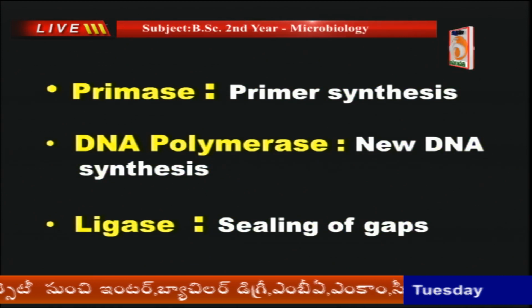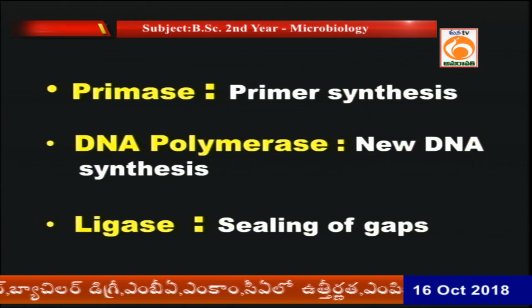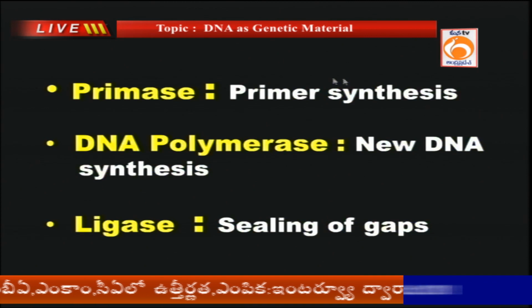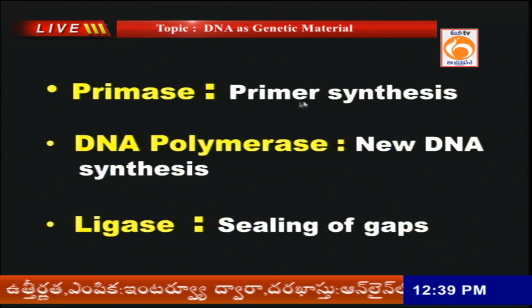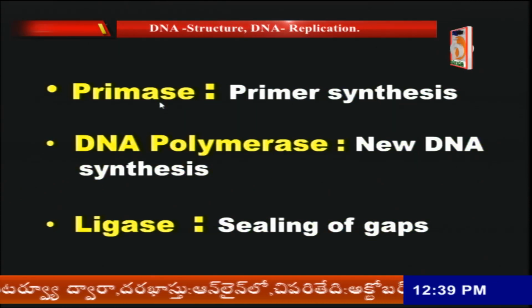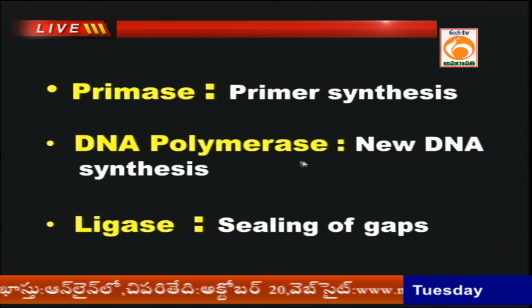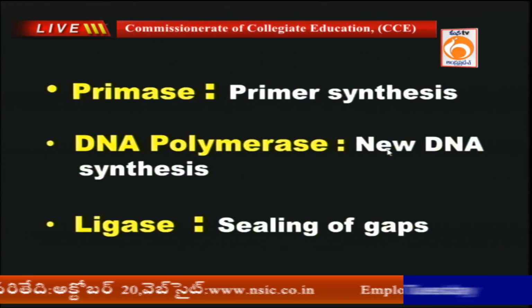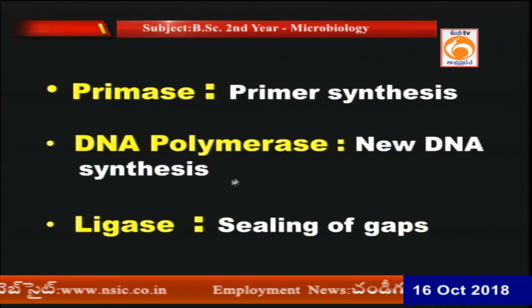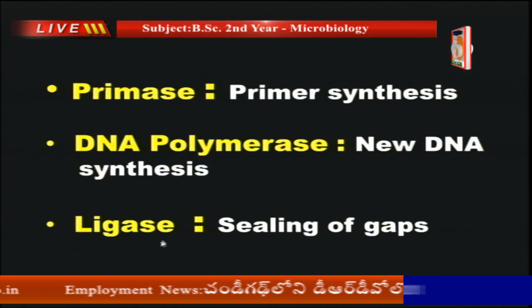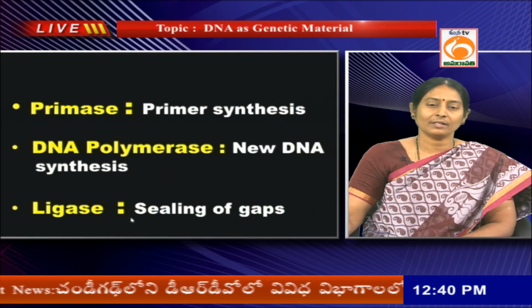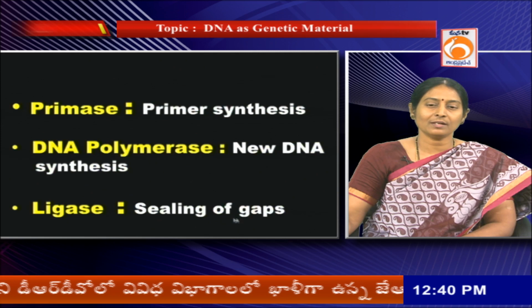So, this is provided by the RNA strand primer. Primer is a RNA strand synthesized by the enzyme primase. Now, DNA polymerase catalyzes new DNA strand synthesis. Ligase enzyme joins the DNA strands and fills the gaps.